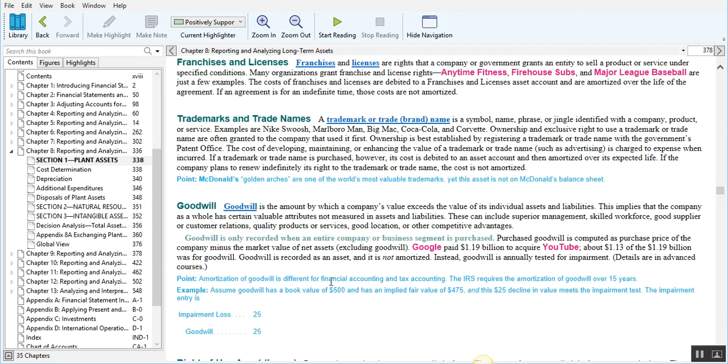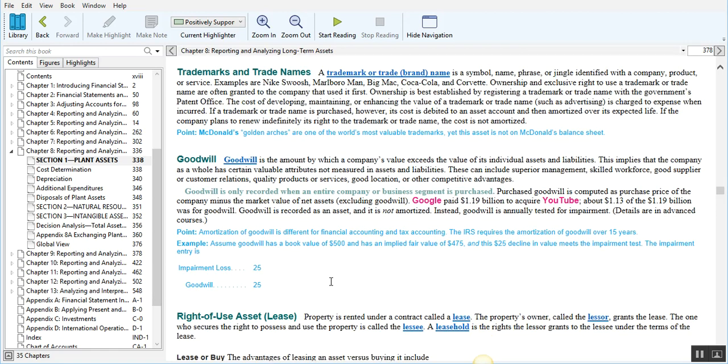Goodwill is an intangible asset, but it only occurs when you buy another business. When a company purchases another business or segment of business, and it pays more than the book value of those assets for it, the difference is called goodwill.